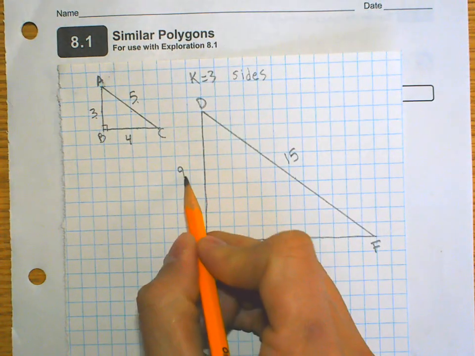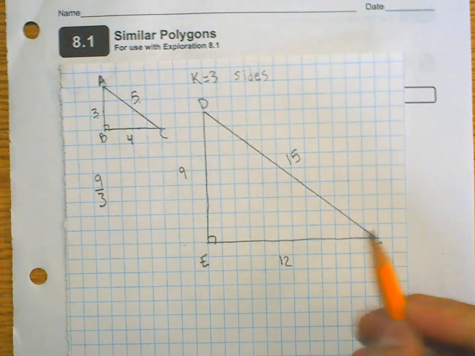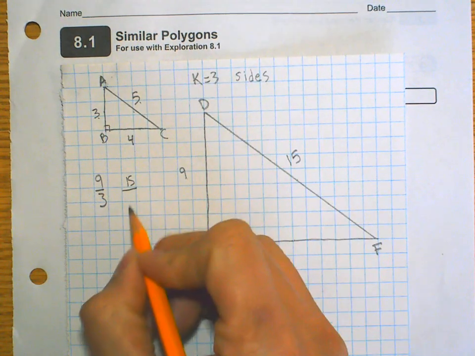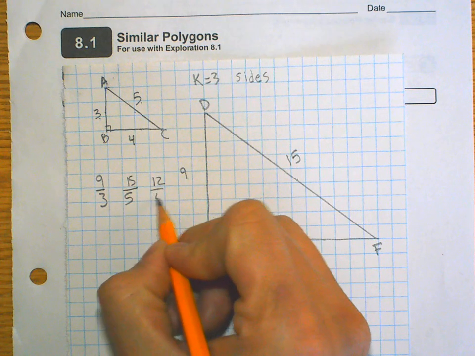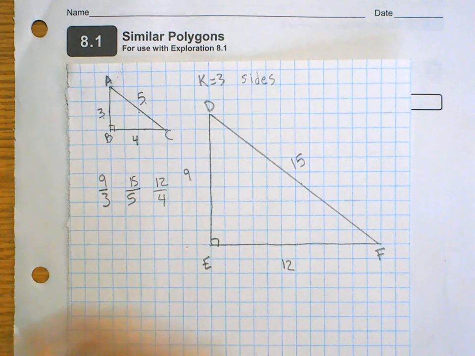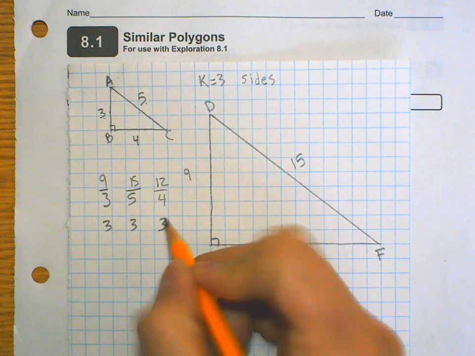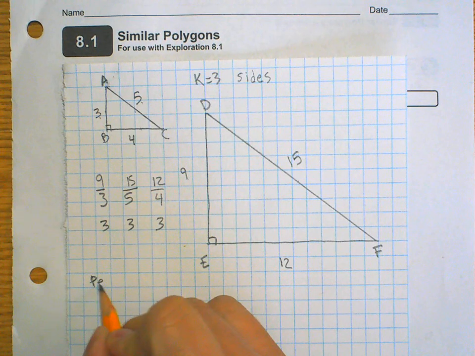Okay, and I can verify this like this. I can do 9 over 3. I can do 15 over 5, and I can do 12 over 4. And you notice that you can reduce these, and you're going to get 3, which is the scale factor of the sides. But what about the perimeter?